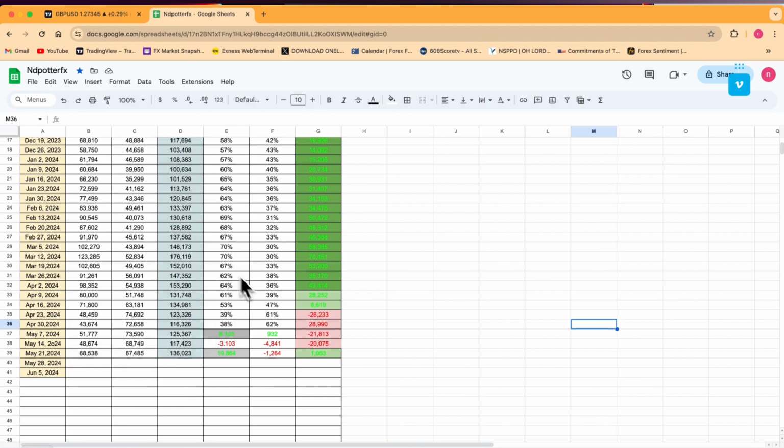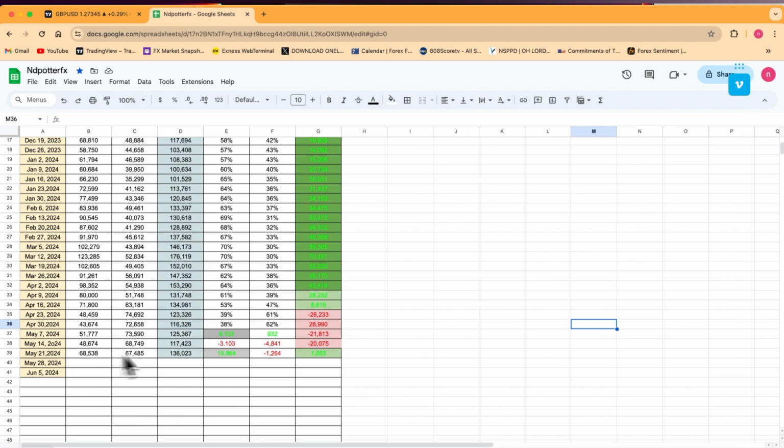All this percentage here, I think I'm going to stop. Where I collect this data, I used to put percentage, but now I put change on their long and short. So this is change in longs, this is change in shorts.